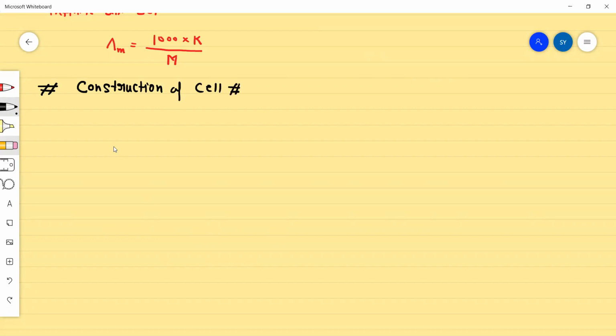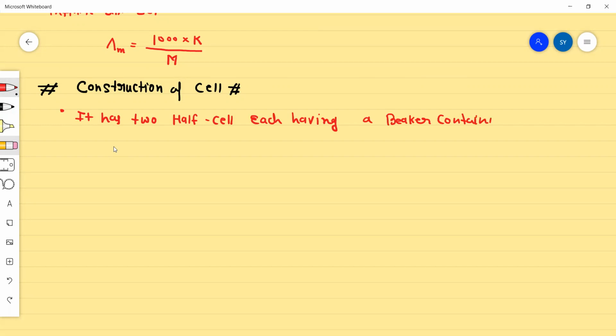Construction of cell. As we know, your voltaic cell, galvanic cell, like Leclanché's cell and all, they have two compartments. One is the anode and the other is the cathode. So the cell is made up of two half cells, each having a beaker containing a metal strip dipped into the aqueous salt solution.